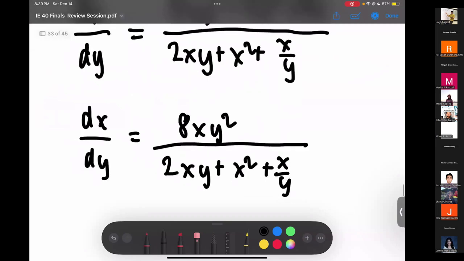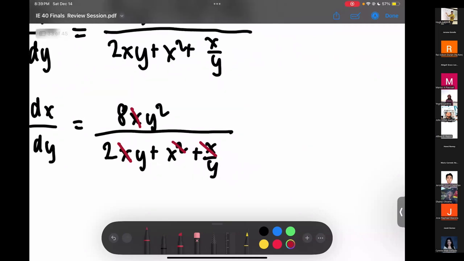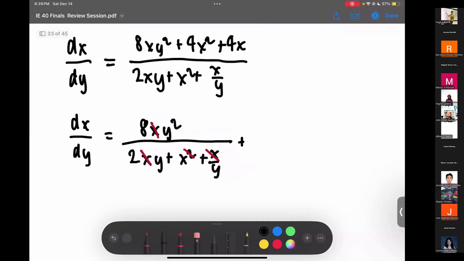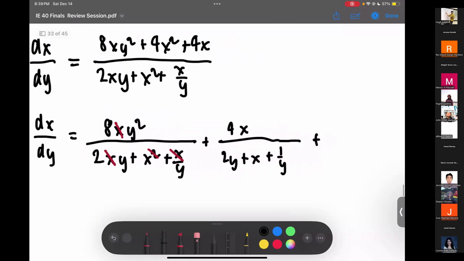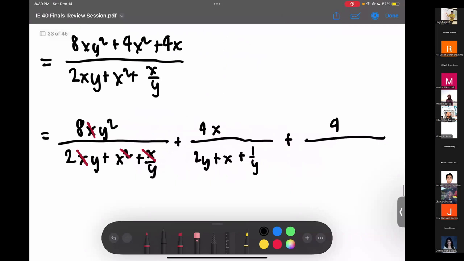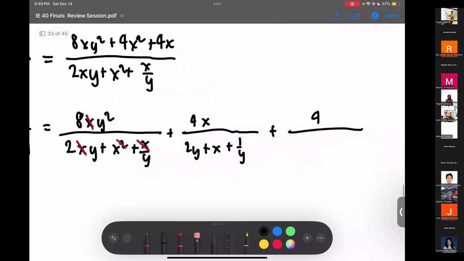I guess we can cancel out x here. So now it's 8y squared over 2y plus x plus xy. We will run into the same problem here na let's factor out x here na rin. So 2y plus x plus 1 over y plus 4.